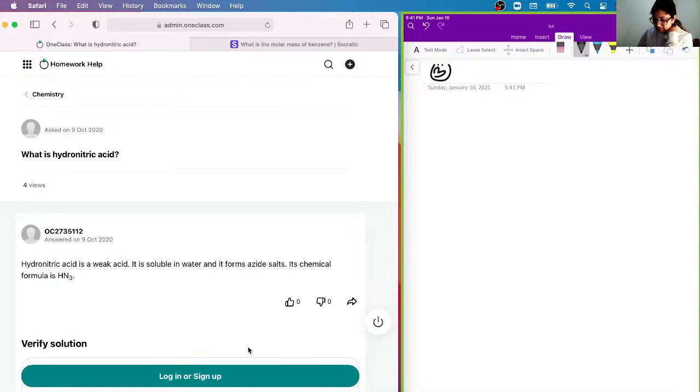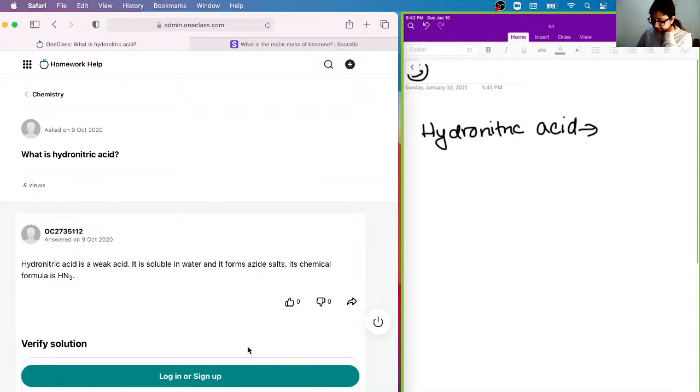So from the name hydronitric acid, you can imagine that it has hydrogen and nitrogen.